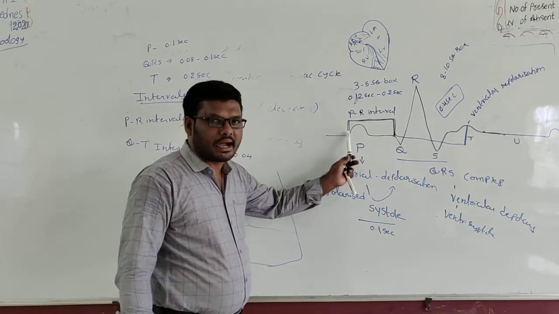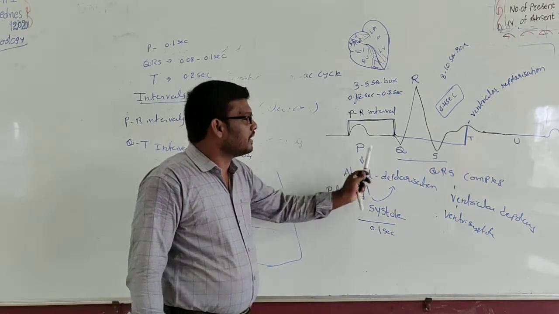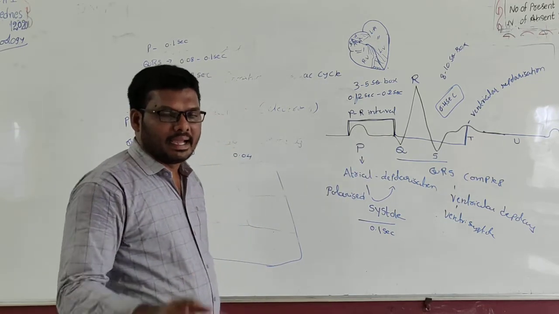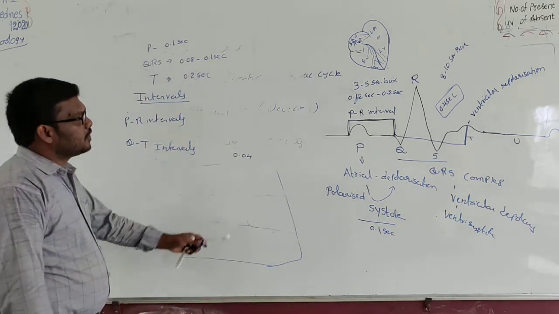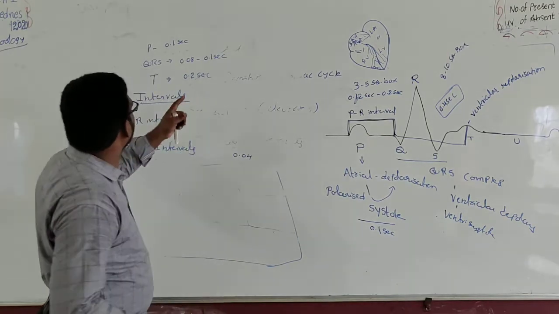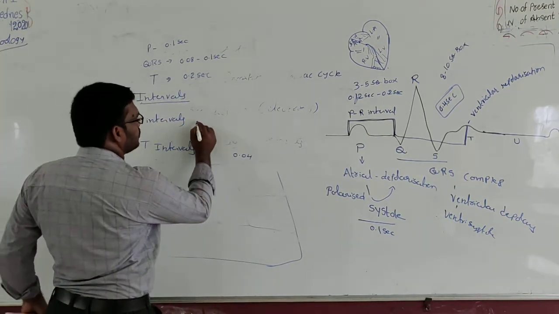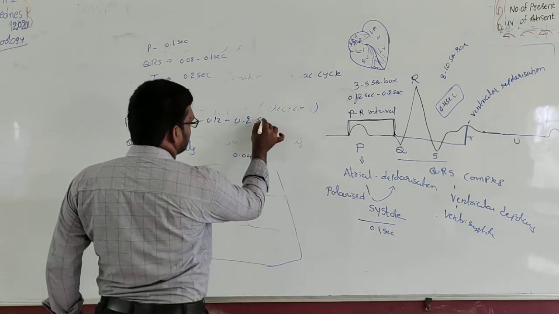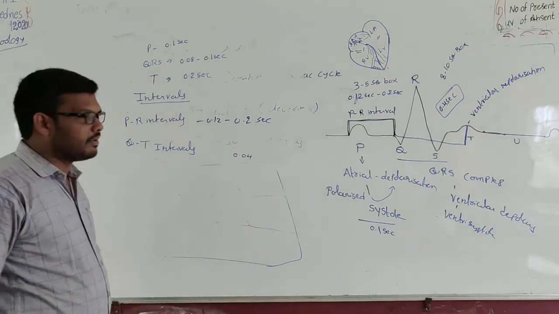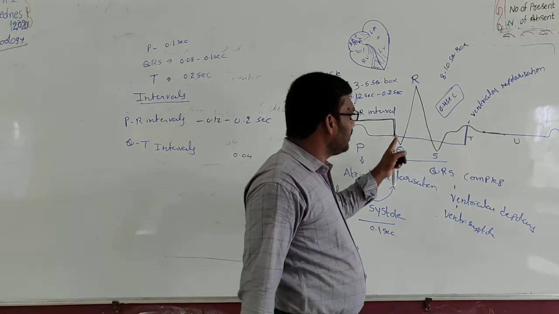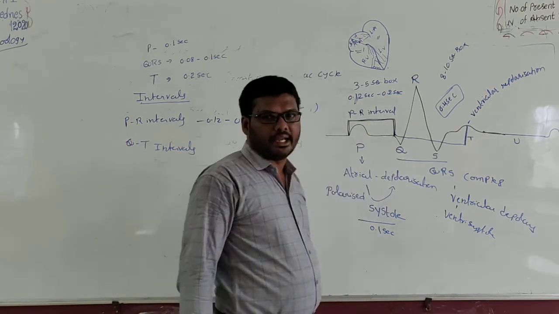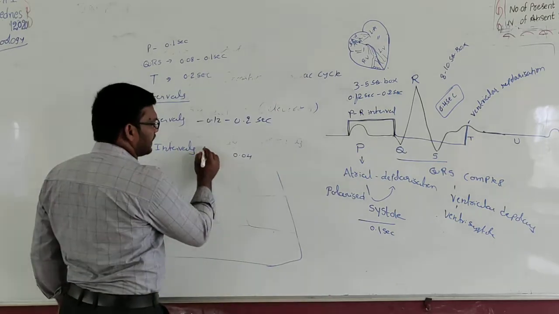The starting of P and the starting of Q. That interval is called the PR interval. How many seconds does it take? 0.12 to 0.2 seconds. And the QT interval indicates the starting of Q and the end of T. That interval is called the QT interval. How many seconds does it take?